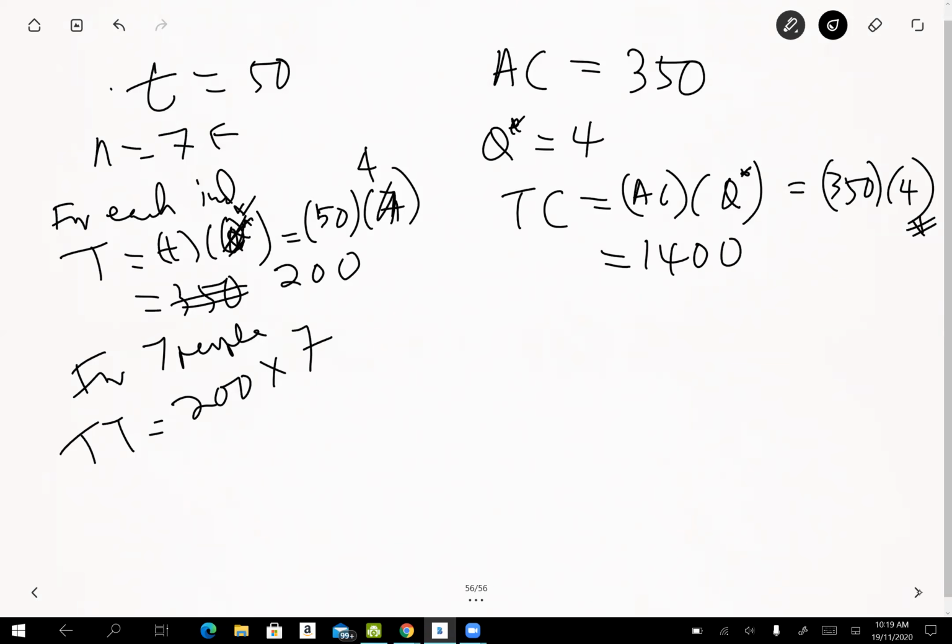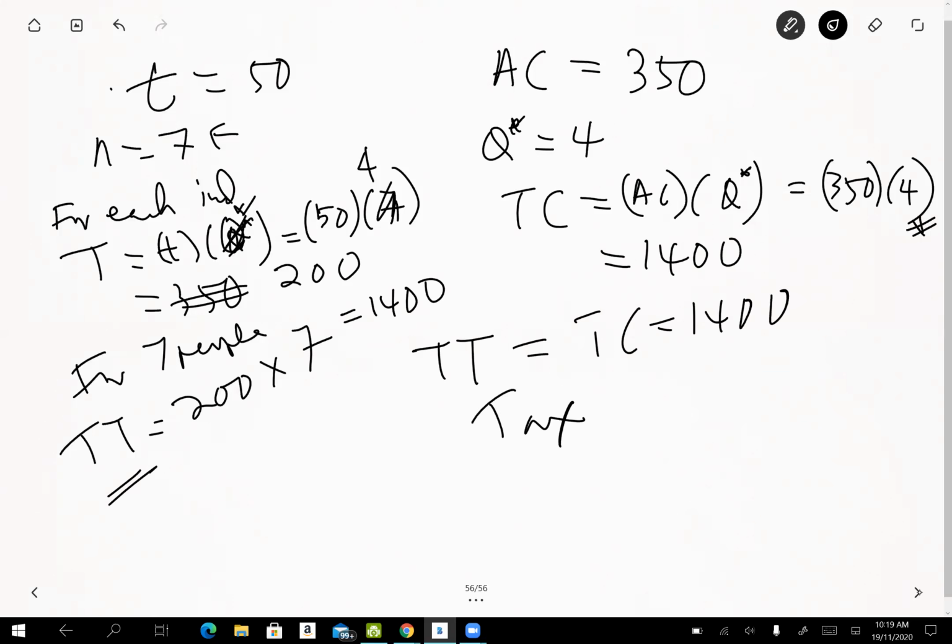So that will be equal to 1,400. That's correct. So the total cost and the total tax collection will be equal, equal to 1,400. So the tax collection will just cover the cost.